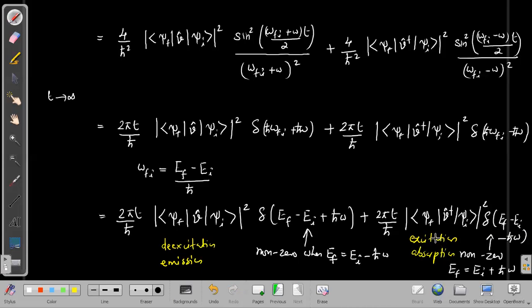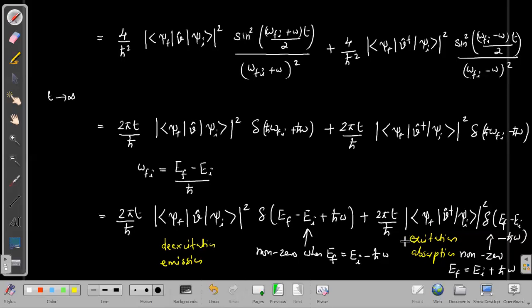So if you have a harmonic perturbation, there are two possibilities. Either there can be emission of energy, where the system can be lowered to a lower state, or there can be excitation, where the system can be excited to higher energy by absorbing energy from outside.